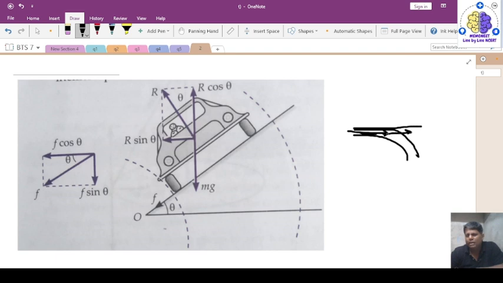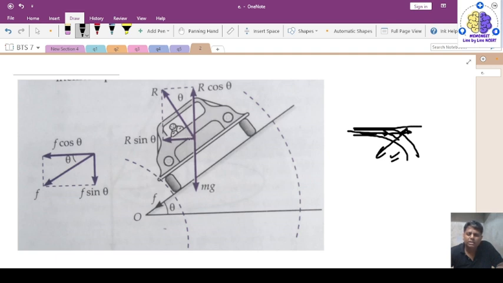But when it has to take a turn, the car will have a tendency, because of inertia of motion, to move in this direction, because of which the car will experience a frictional force in this direction, and this frictional force will help the car to take the turn. That's what is being shown over here.